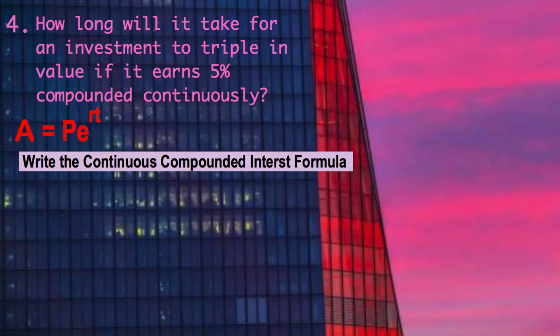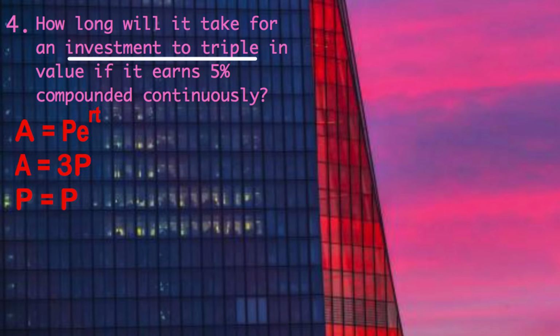A quick way just to remember in your head could be APERT. We know that our investment triples. Thus, we can set our final amount equal to 3 times the principal, where the principal is represented by the variable P, and the final amount is thus 3 times P.